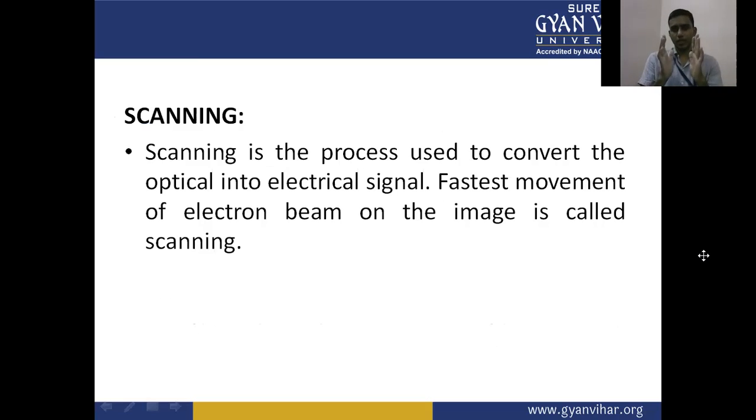Scanning is the process used to convert the optical signal into an electrical signal. The movement of the electron beam on the image is called scanning. So through this we are able to scan the image.